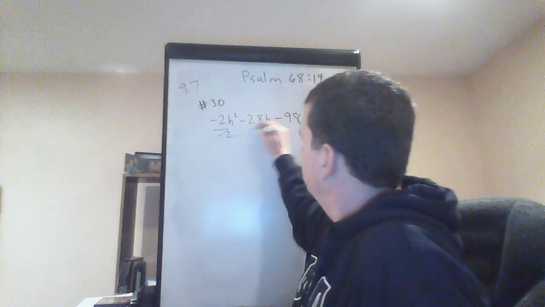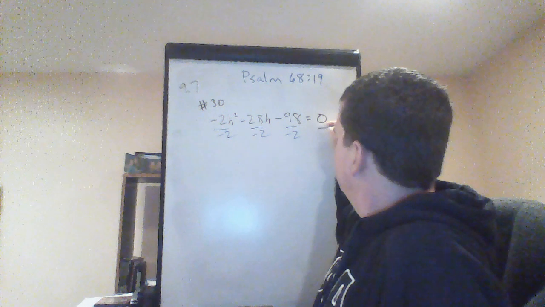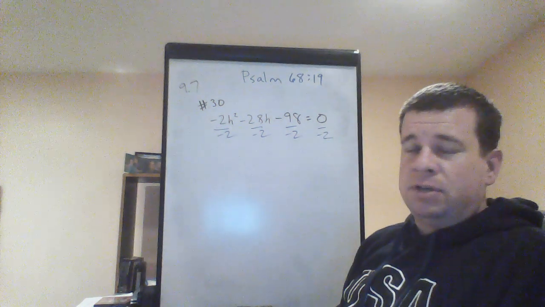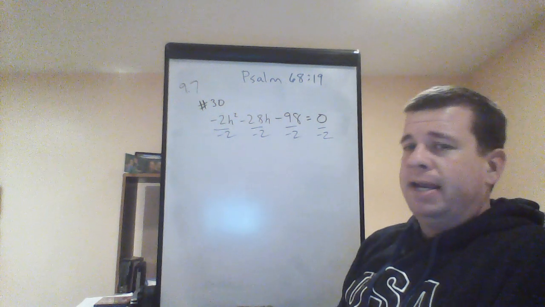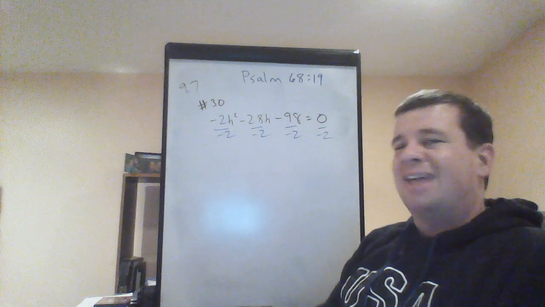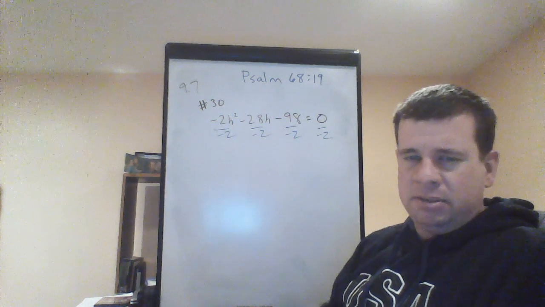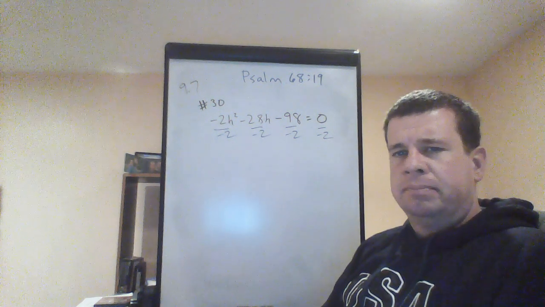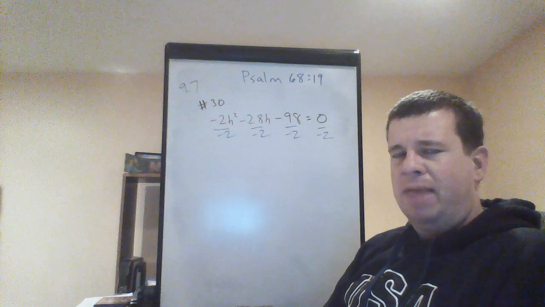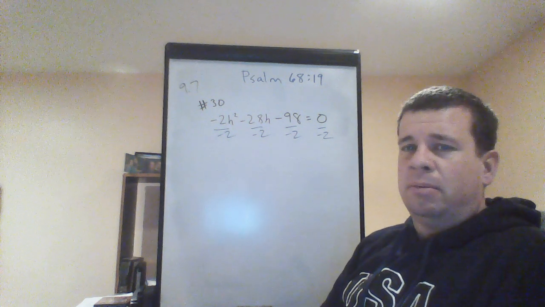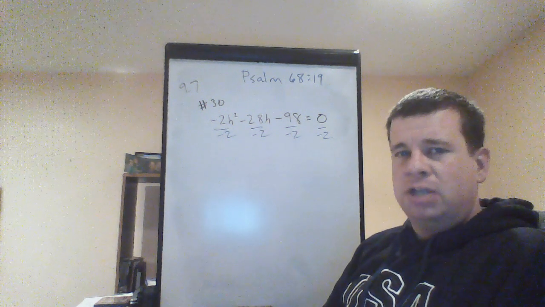If I divide everything by negative 2, that's perfectly okay. I can divide everything in an equation by the same thing as long as it's not 0. I'm not allowed to divide by 0 because that's not defined mathematically. But any other number I can divide the whole equation by, and I'm not changing anything.